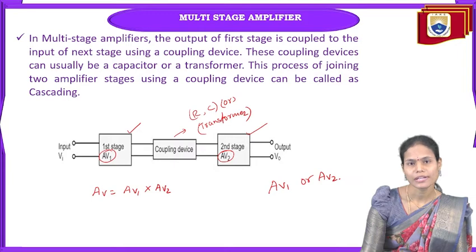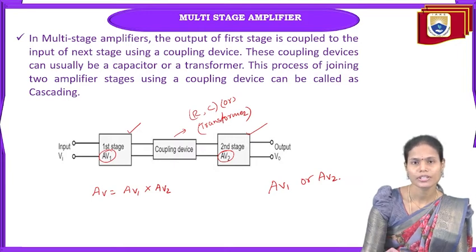The purpose of the multi-stage amplifier is to improve the gain, but because of RC coupling, the gain value is reducing. So in order to overcome that, we went for the transformer coupling. Transformer coupling rectifies the problem of effective load resistance, and it provides better impedance matching between the stages we are interconnecting in the multi-stage amplifier.